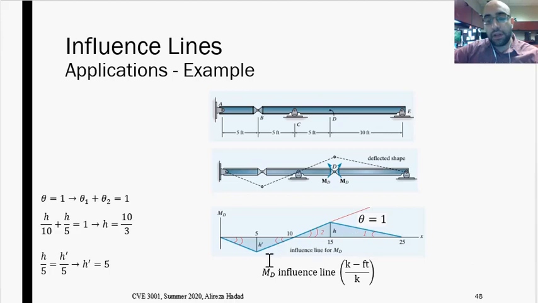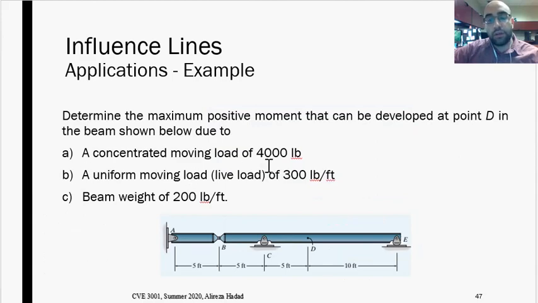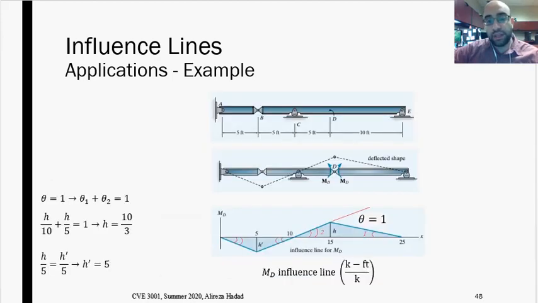So based on this diagram, now the question is, what is the maximum positive bending moment that can be created at point D based on a concentrated moving load of 4,000 pounds? In other terms, where should I put this concentrated moving load to get the maximum positive bending moment at point D?